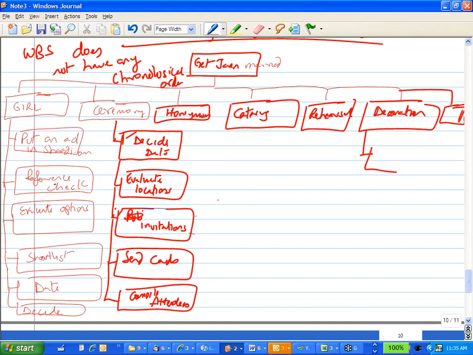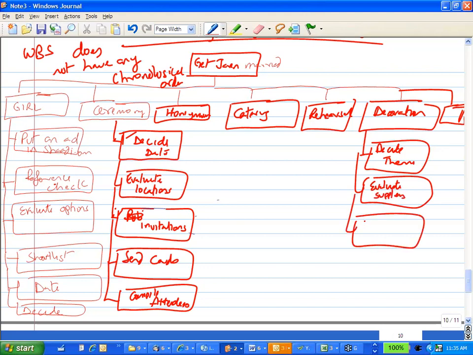Decoration, same thing, right? Decide theme. A lot of people decide that they'll have a tropical theme, a winter theme, whatever, right? Evaluate suppliers for the decoration. And budget can pretty much be there in every sort of task.